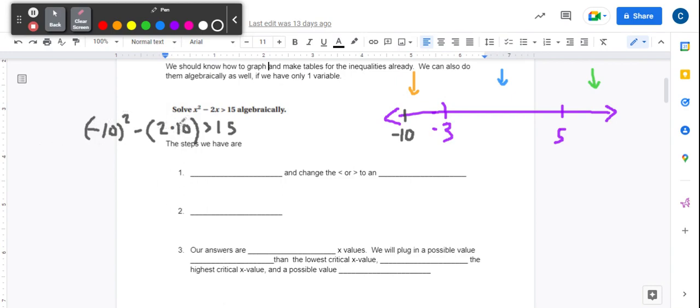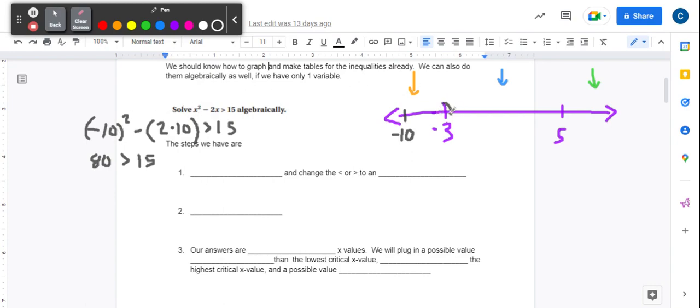Negative 10 squared is 100, 2 times 10 is 20, and 100 minus 20 is 80. So 80 is greater than 15. Since 80 is greater than 15, negative 10 fits this inequality.